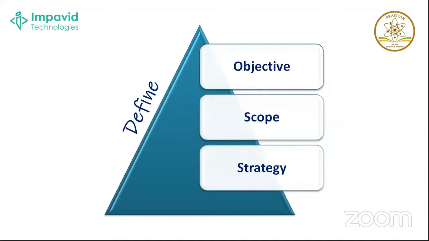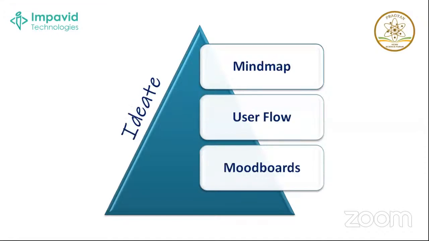So in the design approach, always check who your target audience is. Once you know that, it becomes very easy to develop an objective and the scope based on the empathy stage.